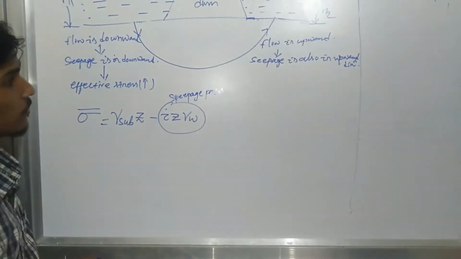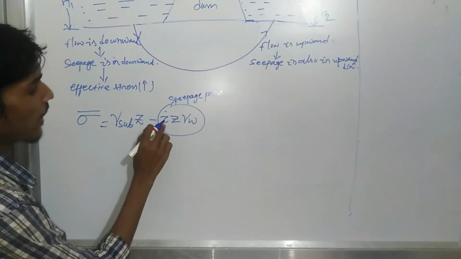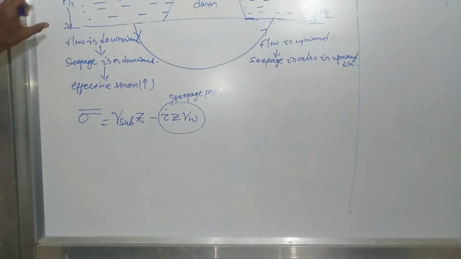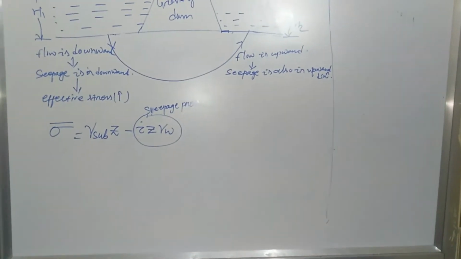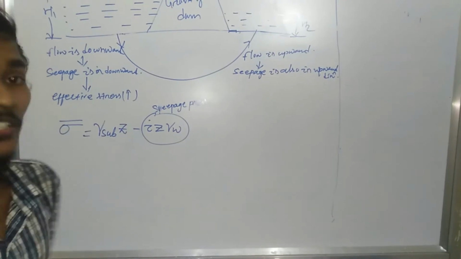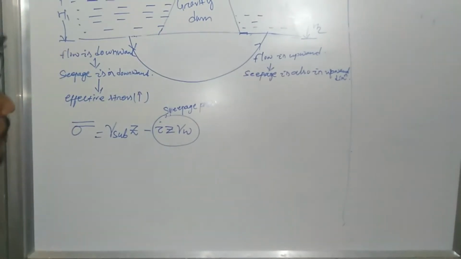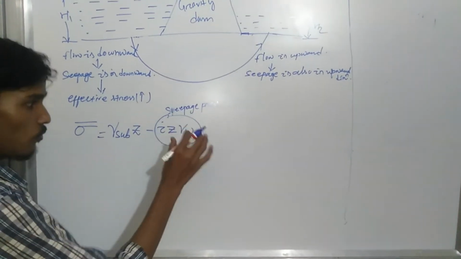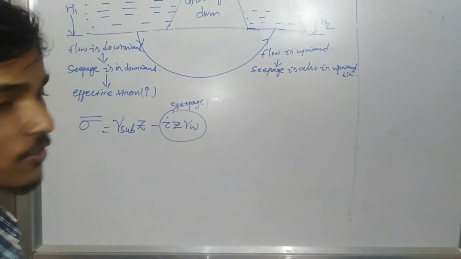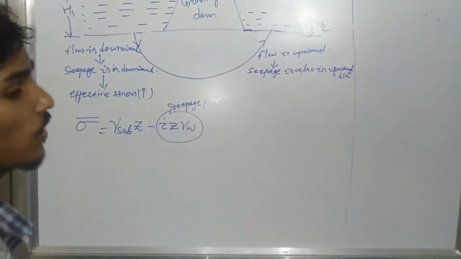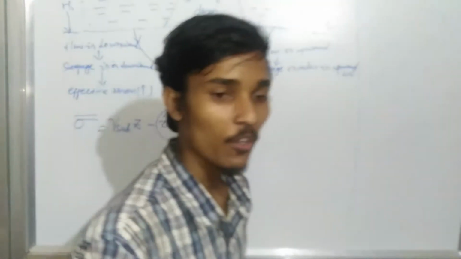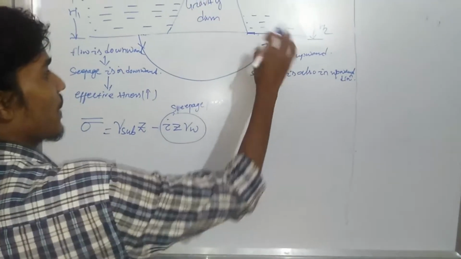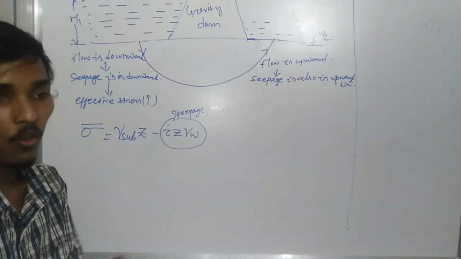Seepage pressure will be more when the hydraulic gradient i is more. Hydraulic gradient is more when either the head difference is more or the flow length is less. Here the head difference is much more, hence the hydraulic gradient is more. When the hydraulic gradient is more, the seepage pressure is also more. That's why it takes away the soil on the downstream side, and as a result the flow length decreases.